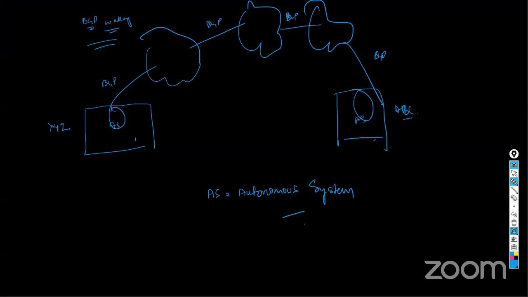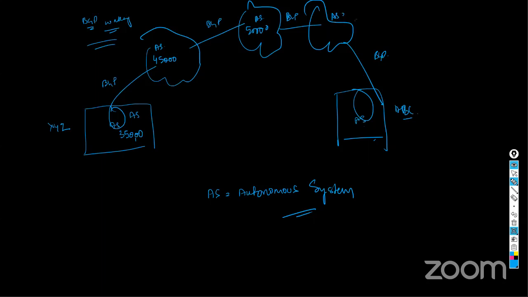Who is giving you the autonomous system? I'll come to that point. Let me write it here. Let's say this is an autonomous system with the number 35,000. This is autonomous system 45,000. This is autonomous system 50,000.